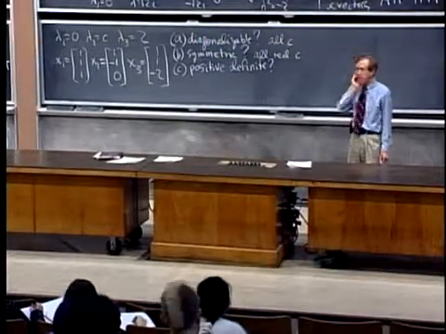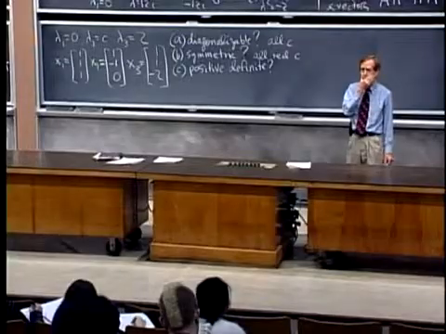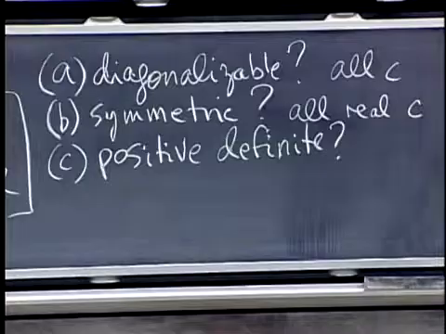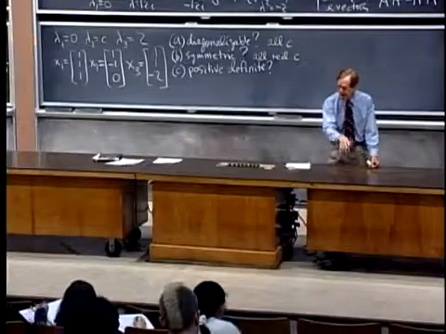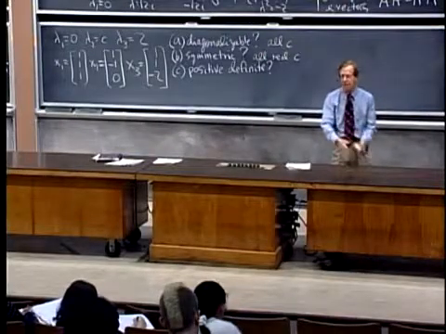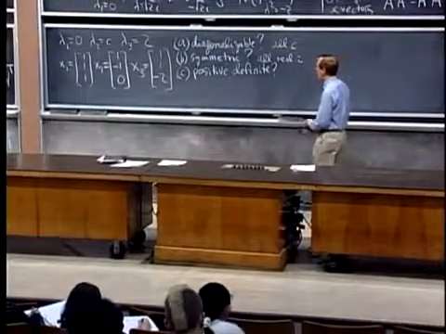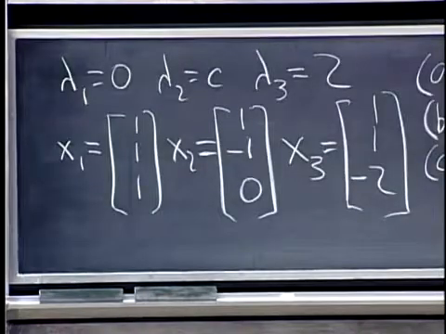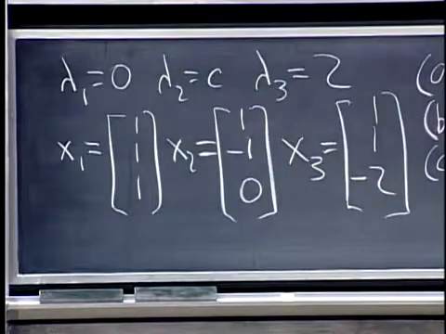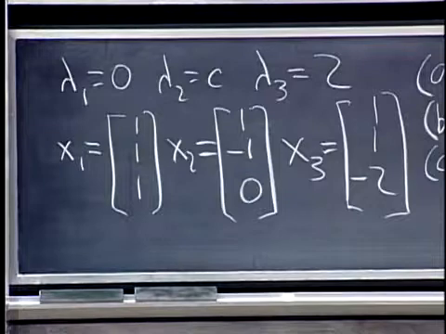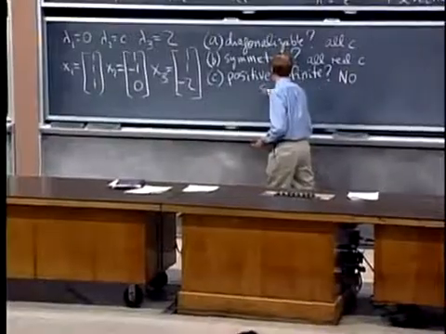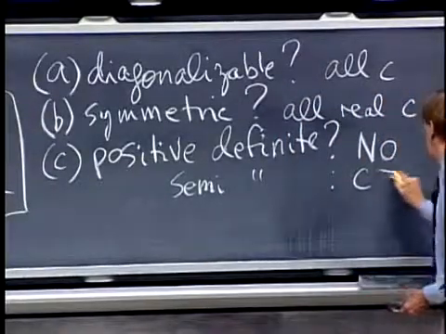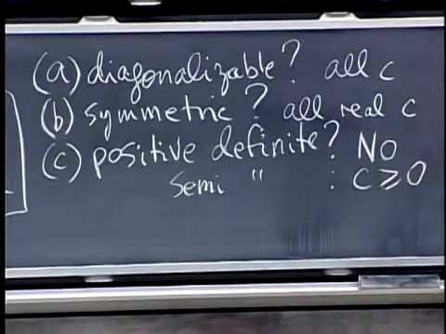Could this matrix be positive definite? No, because it's got an eigenvalue 0. It could be positive semi-definite, like a consolation prize. If C was greater or equal 0, it would be positive semi-definite. But it's not. No. Semi-definite, if I put that comment in, the condition would be C greater or equal 0. Then we'd be all right.